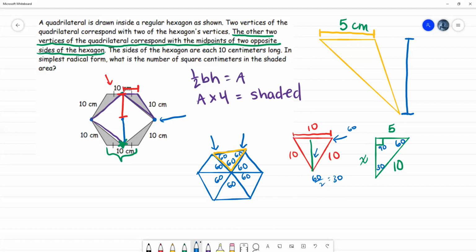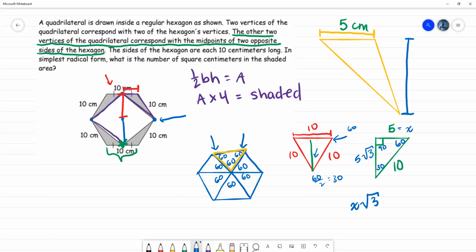And if you know about a 30, 60, 90 triangle, the height is always x times the square root of 3. And x is equal to 5 in this case, so our height is equal to 5 square root 3.